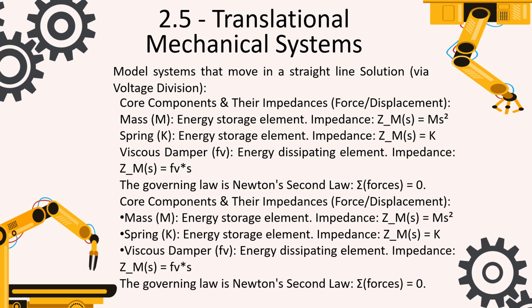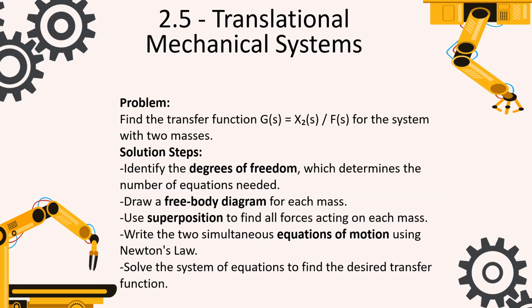The governing law for these systems is Newton's second law, where we sum all forces acting on a body to zero. To find the transfer function, we draw free body diagrams for each mass, write the equations of motion, and then solve those simultaneous equations. Let's find the transfer function for a system with two masses.